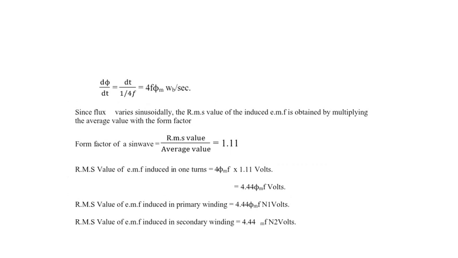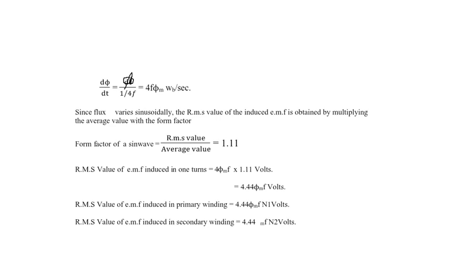So dφ by dt is φm divided by 1/4f, which is 4f φm Weber per second.